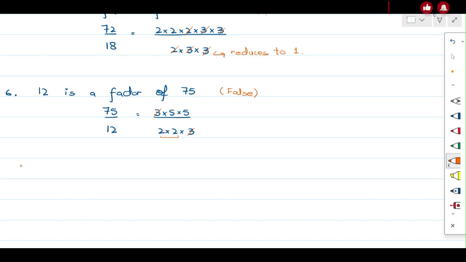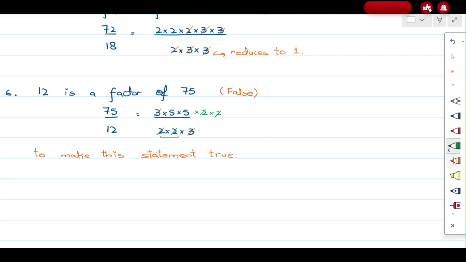So how can we make this statement true? To make this statement true, we need to multiply the numerator by two 2s to cancel the 2s, and then the denominator is reduced, right?